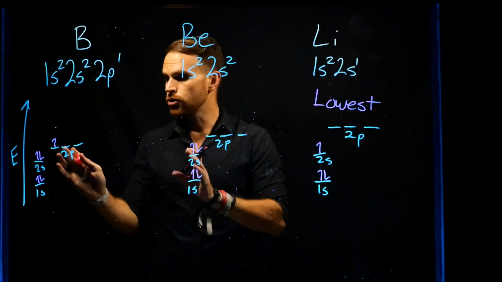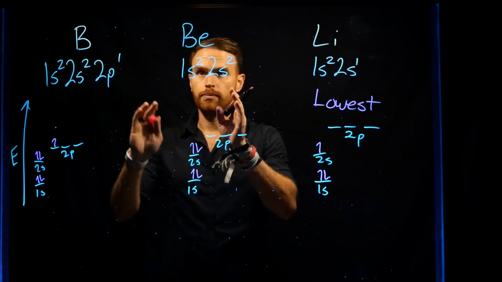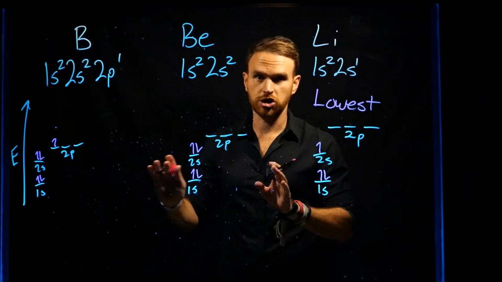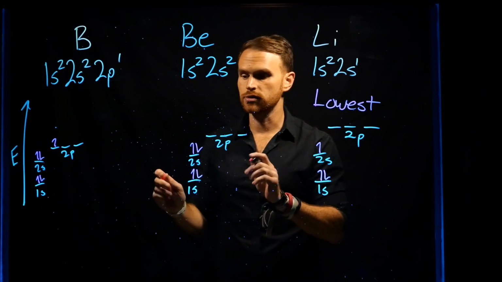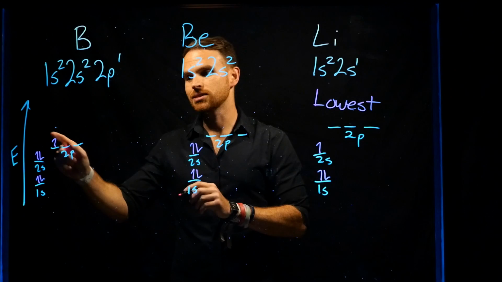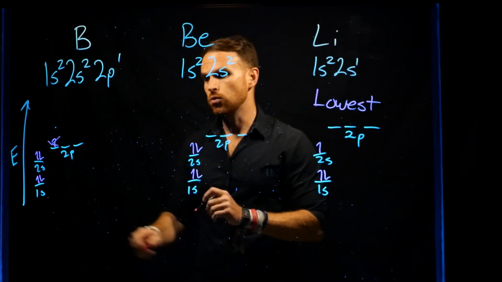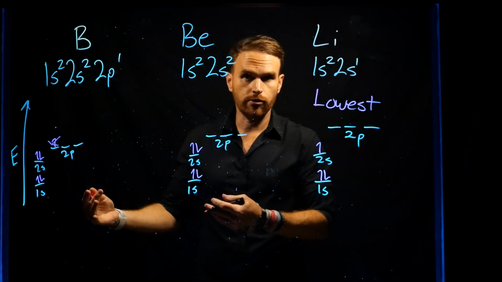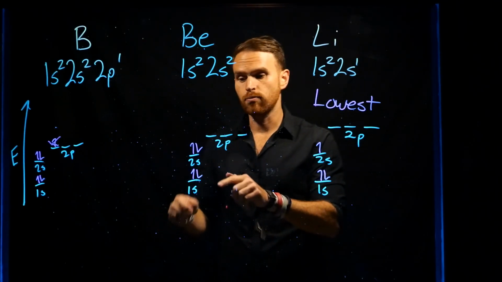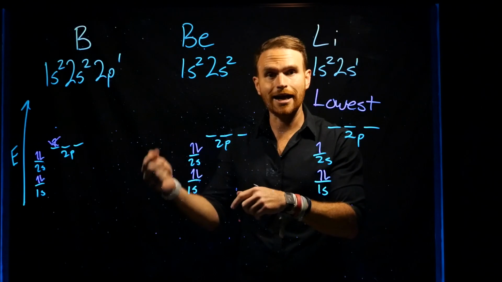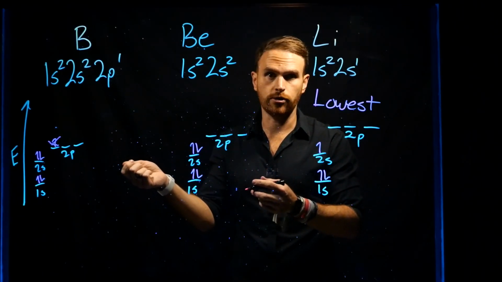Then when comparing boron and beryllium, neither of which is going to achieve a full valence shell of electrons, what we do see is that the stabilizing feature of removing this electron from the 2p orbital, leaving only paired electrons, is going to be much more favorable than creating a system where you make an unpaired electron.